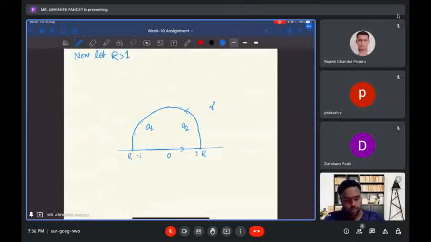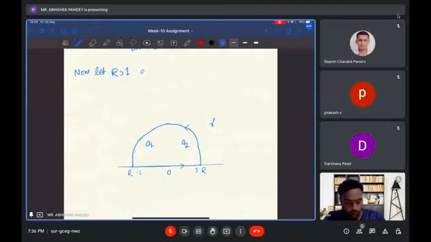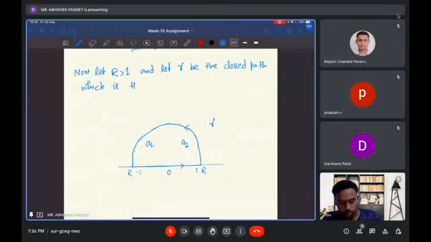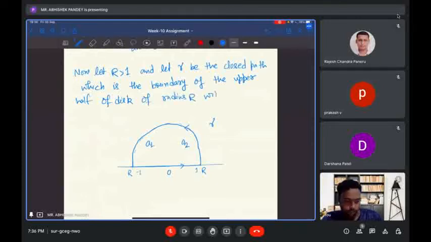So now let r be greater than 1, and let gamma be the closed path which is the boundary of the upper half of the disk of radius r with center 0.